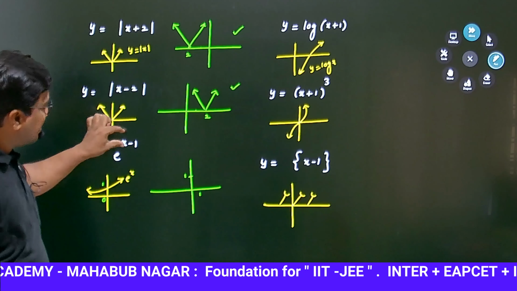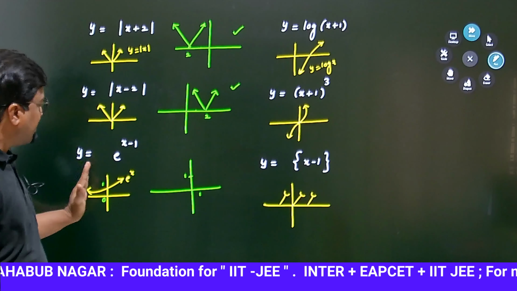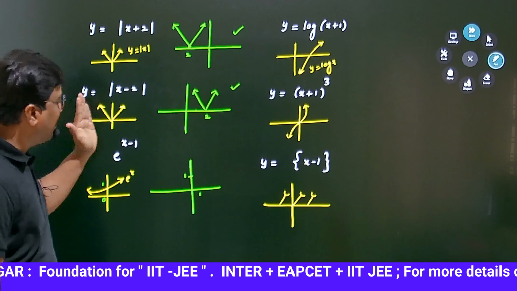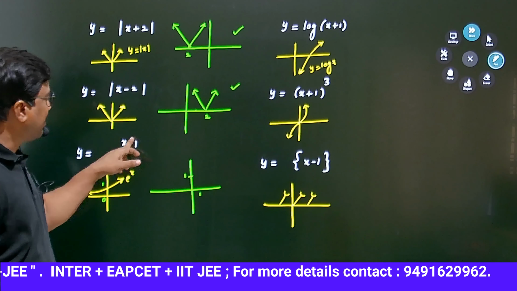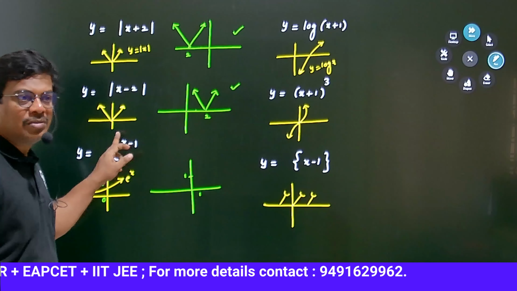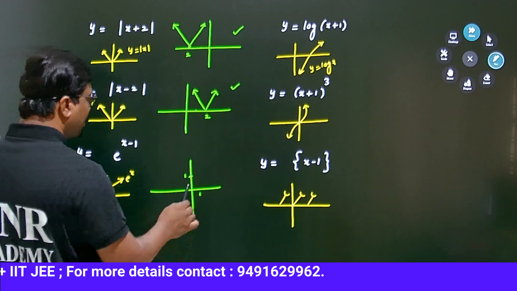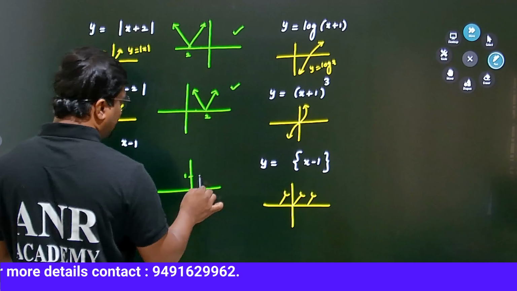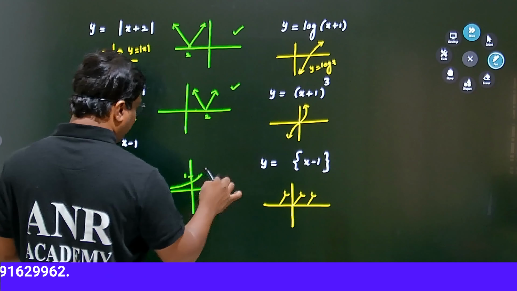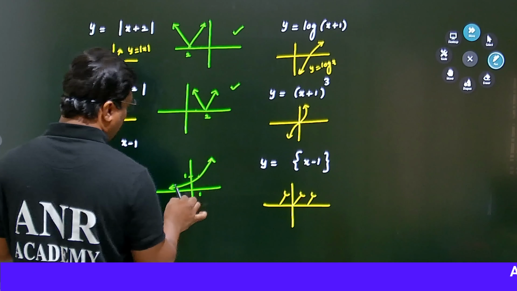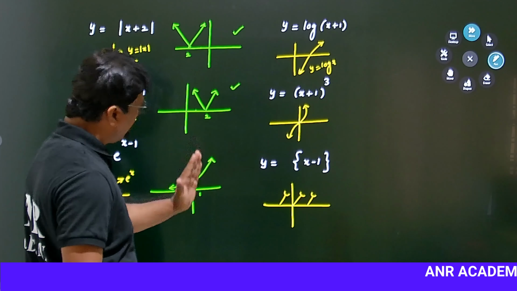When you have x minus 1, that is the graph of height 1 unit at x equal to 1. Why? Because here you have minus 1. If you get input 1, 1 minus 1 becomes 0. E power 0 becomes 1. So just shift the graph 1 unit towards right. So this is the graph. The graph is shifted 1 unit.